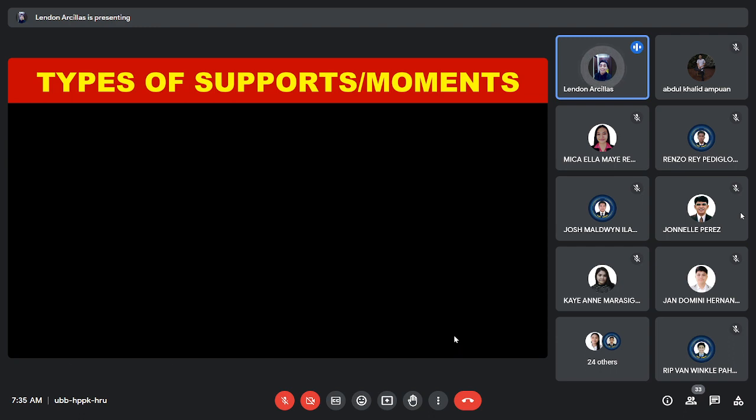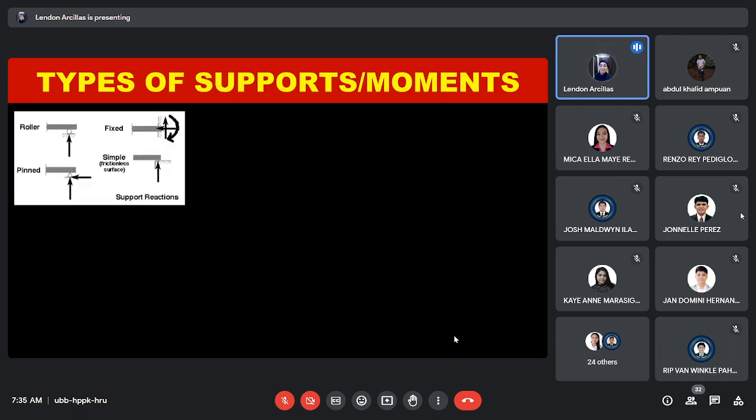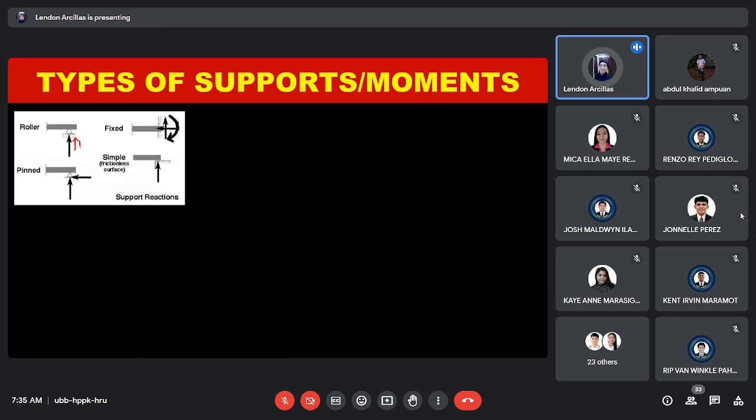So let's have a review first sa static siguro na discuss to, sa ating mga types of supports. So we do have rollers. Are you familiar with this one, di ba? Familiar kayo nito? Okay, so when we say roller, pag sinusuportahan natin ng roller ang isang gate, there will be one support. This we call as our FY or the vertical support.